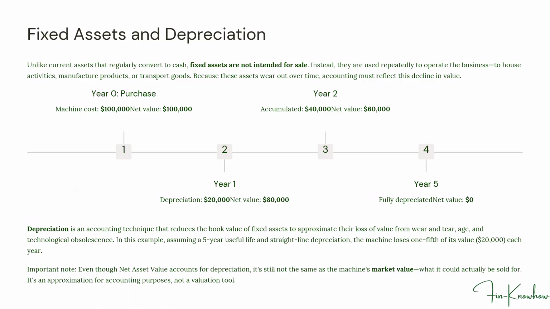So in this case, let's assume that this machine costs $100,000, bought it for $100,000, recorded it at $100,000. At the end of the first year, let's assume that the accountants estimated the decline in value of the asset to be $20,000. Here, what they're essentially doing is assuming that over 5 years, it loses $20,000 in value every year.